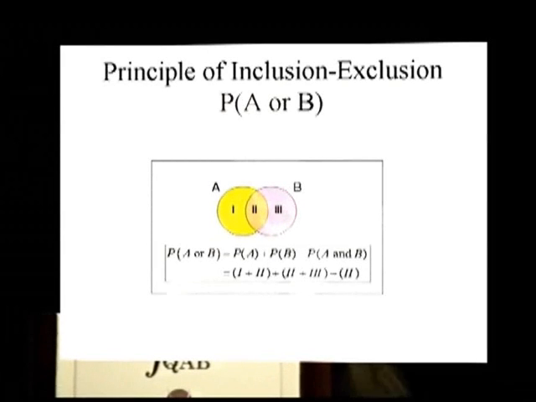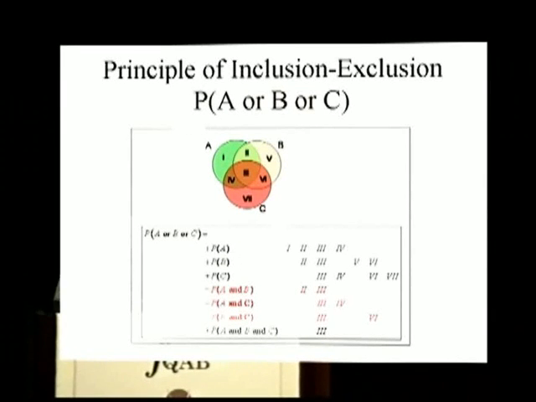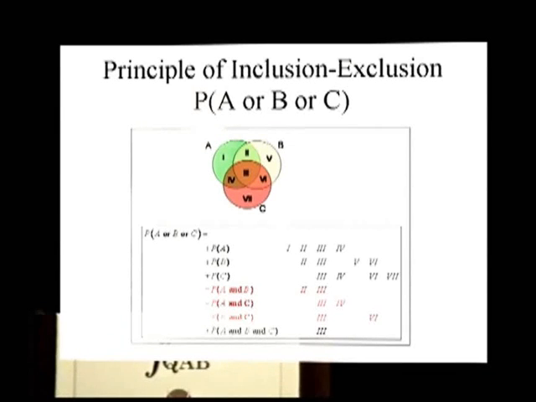Now, seeing the problem this way generalizes very easily. Let's go to the third case. The three case. Well, okay. So, now pay attention to the name, please. Here's the formula. Probability of A or B or C, you start by including each one of the probabilities, taken one at a time.